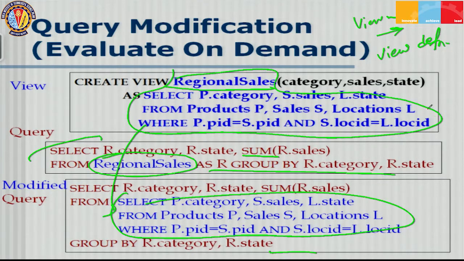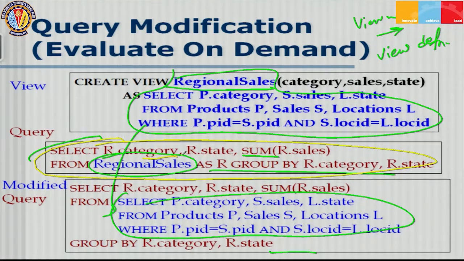So I'm using, oh, sorry, not red. Red is already there. So let me use yellow. So when this query is parsed, what happens is that it looks at all the database objects that are there. So it will look at regional sales.